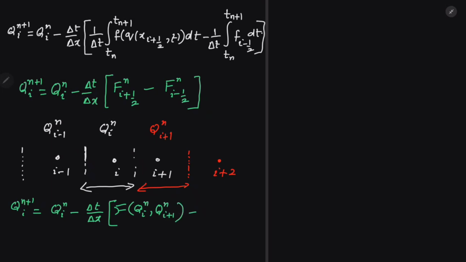Similarly, for i minus 1/2, where is i minus 1/2? This is i minus 1/2. At this value, we can take advantage of Qi^n and Qi-1^n. So that will be equal to the flux of Qi^n and Qi-1^n. That's it, since we need a value of that over here.